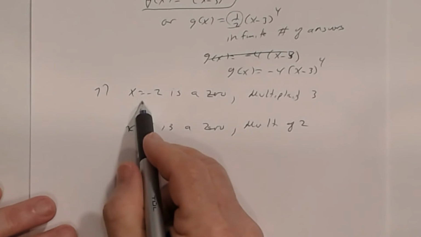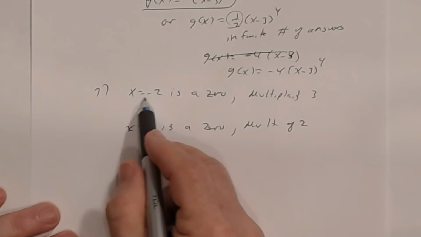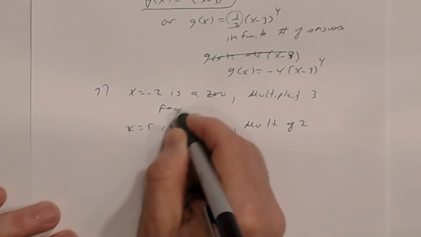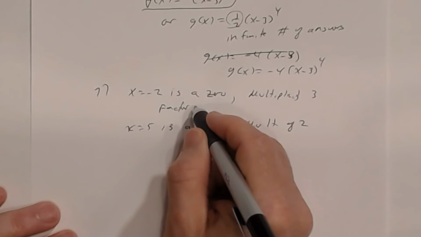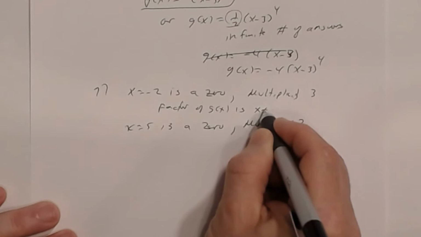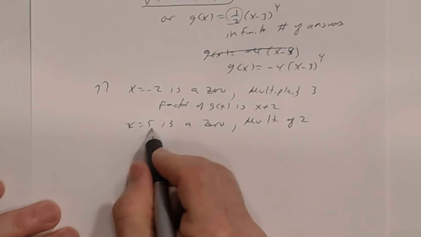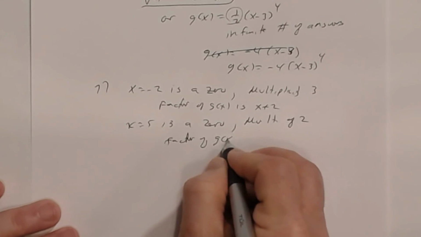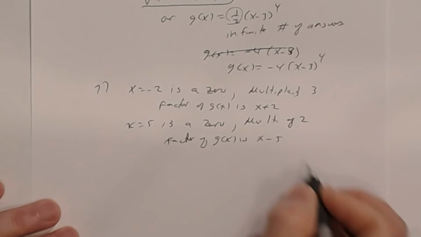So if x equal -2 is a 0, then remember, a factor of g of x is x plus 2. Over here, if x equal 5 is a 0, then a factor of g of x is x minus 5.